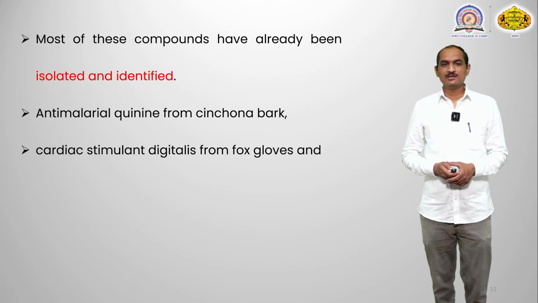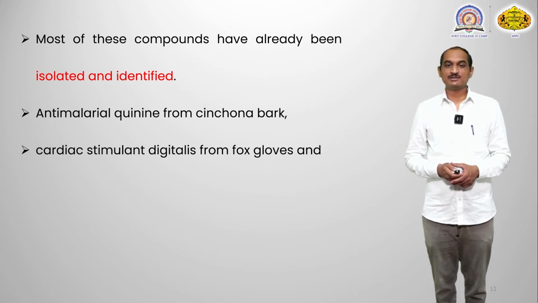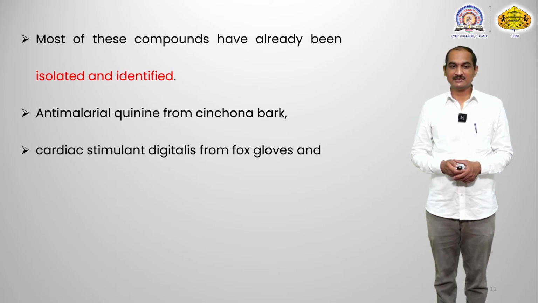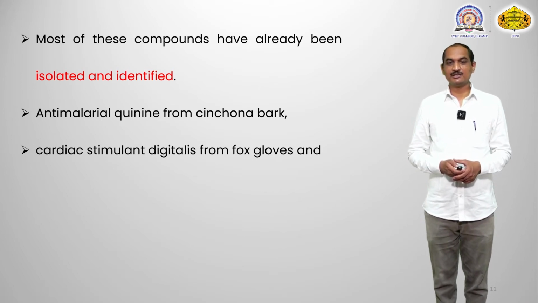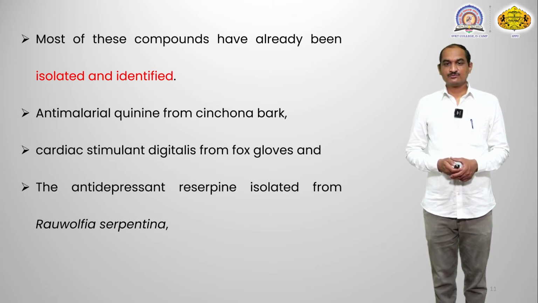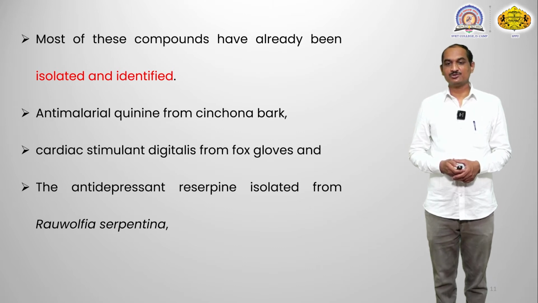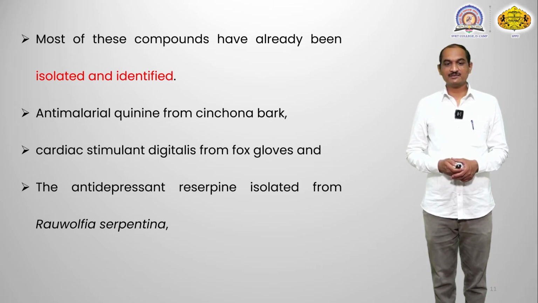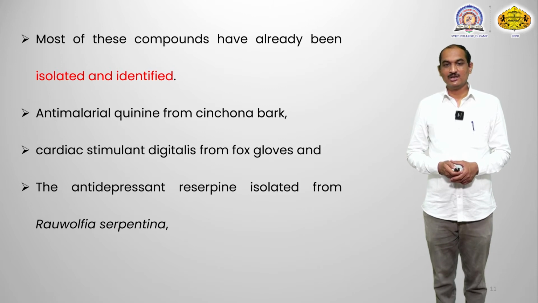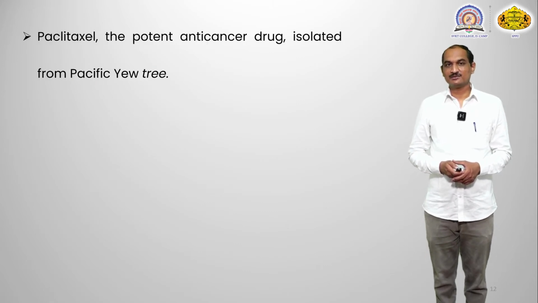Other examples of drugs isolated from different parts of plants are the cardiac stimulant digitalis from the foxglove, and the antidepressant reserpine isolated from Rauwolfia serpentina. Okay, all these different types of compounds are already isolated and identified from different parts of plants.